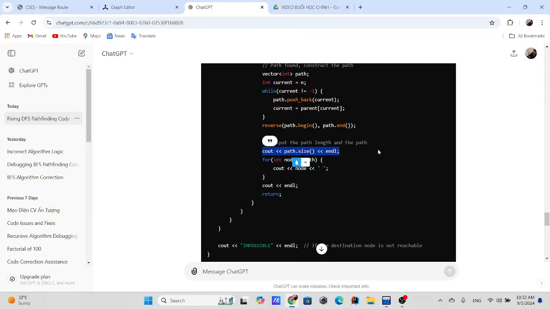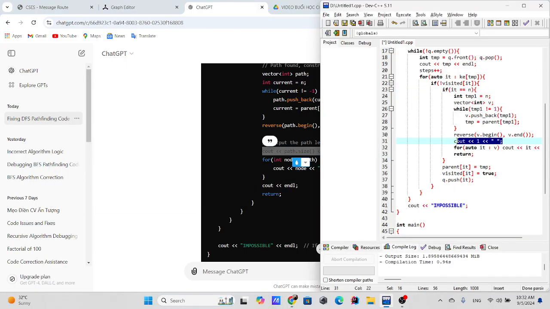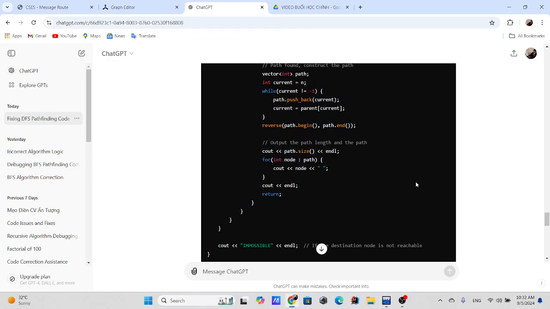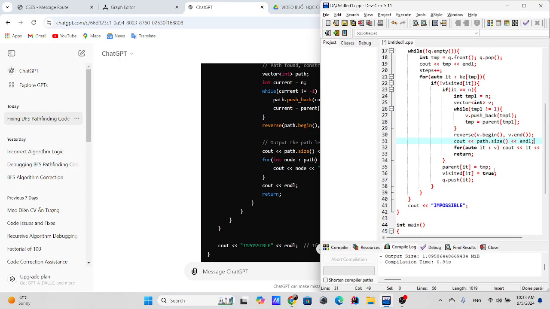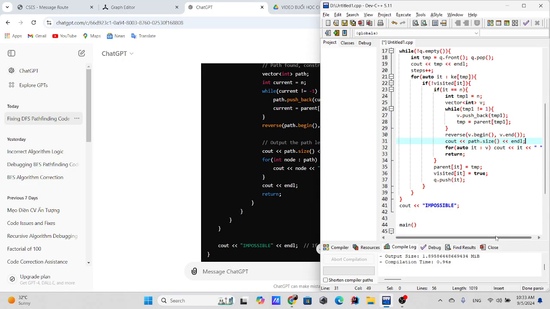Count path dot size and line. V dot size and line.